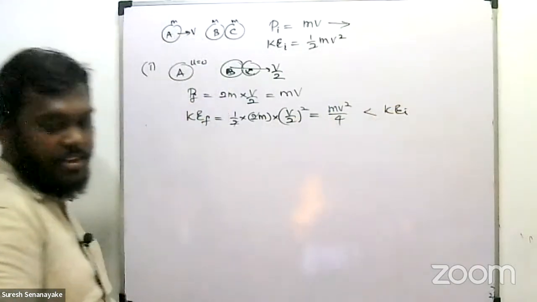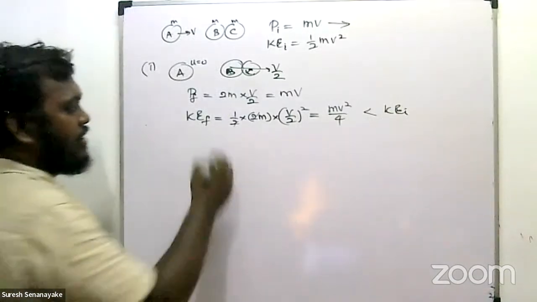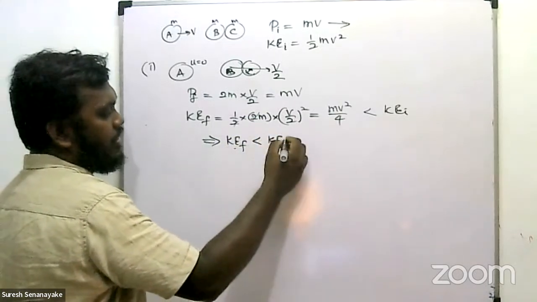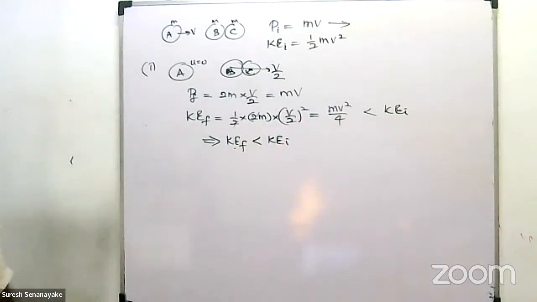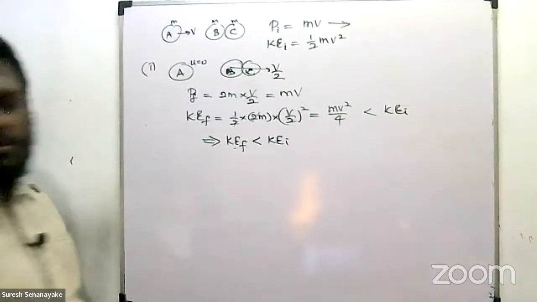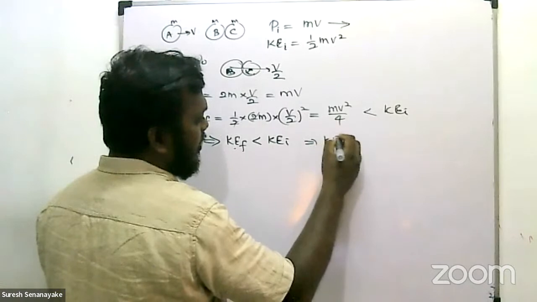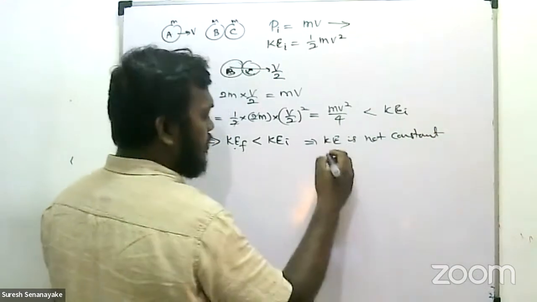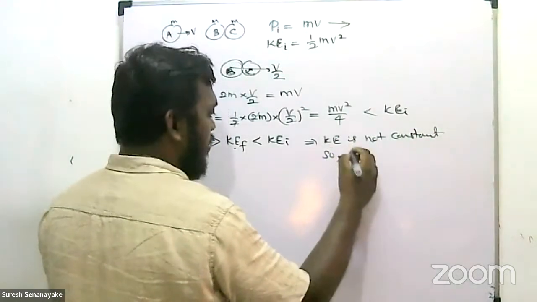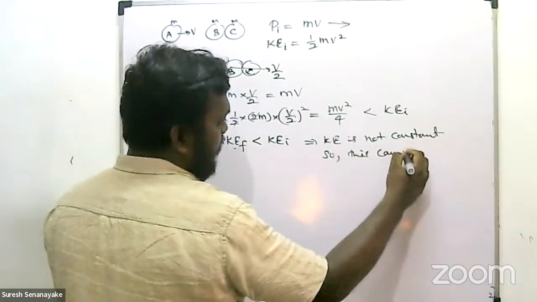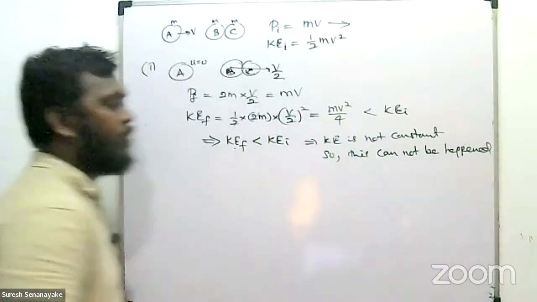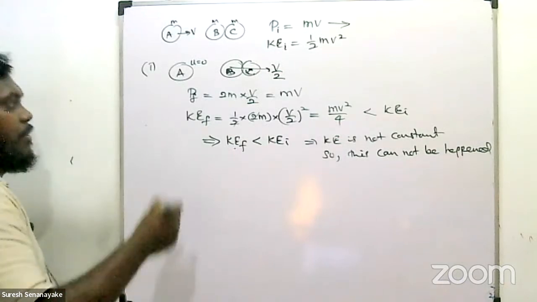So this is not an elastic collision, because some kinetic energy is lost. The final KE is less than the initial kinetic energy, so the kinetic energy is not constant. This cannot happen. The first one cannot be happening.